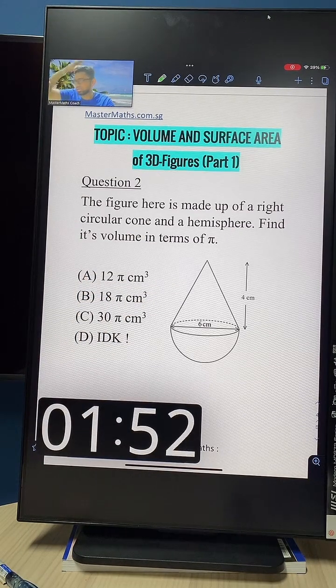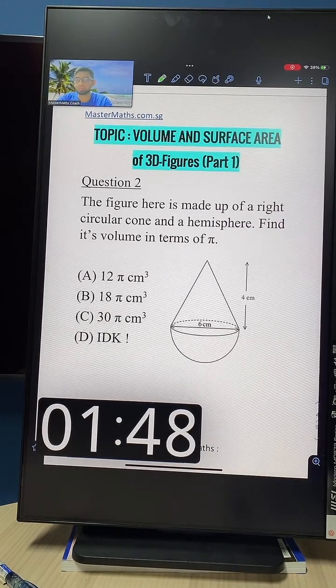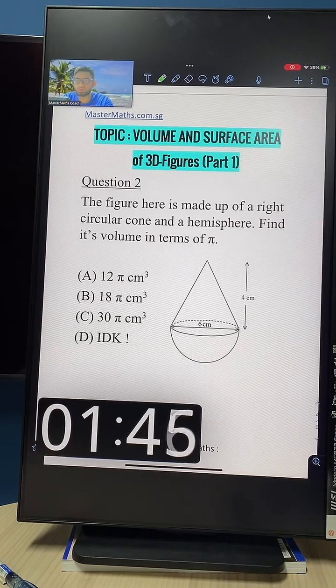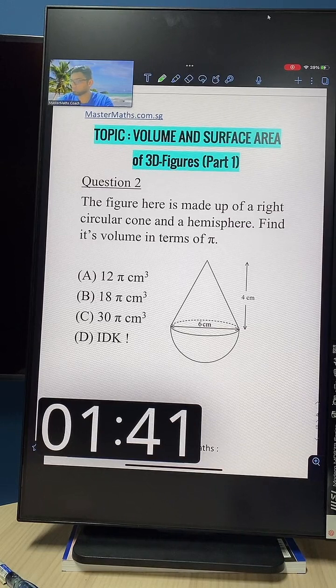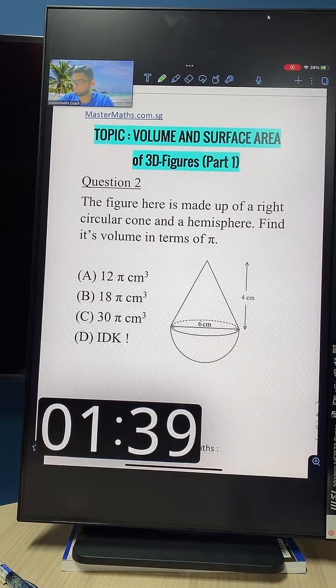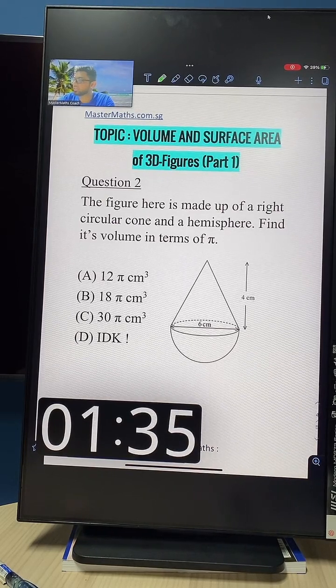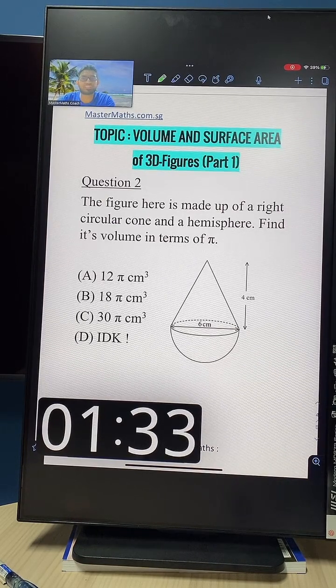What are your answers for this, guys? Is it A, B, C, or D? D means IDK, means you have no clue what this is all about. Let's see who's able to actually answer this question.